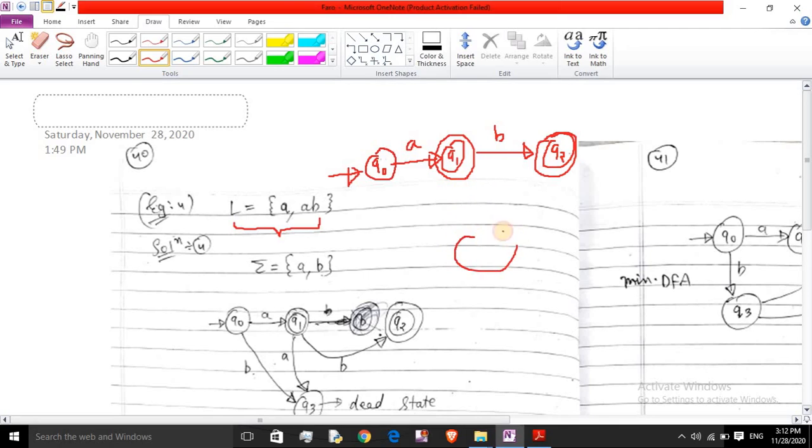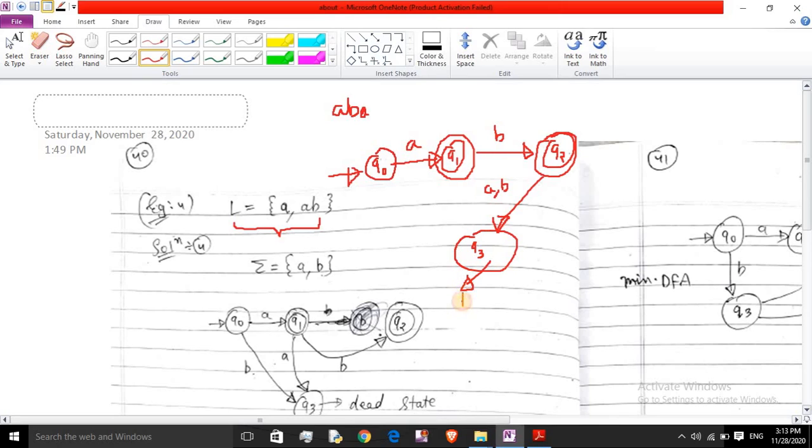What happens if we get anything else? We will name this state Q3. On getting any A or B after it, suppose we get a word like AB followed by any number of A or B, we will move to this state, and this is our dead state.